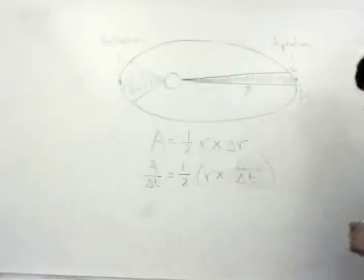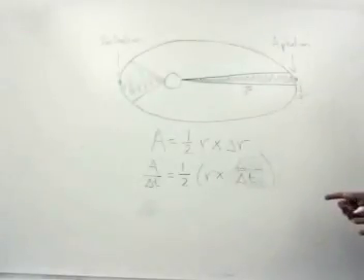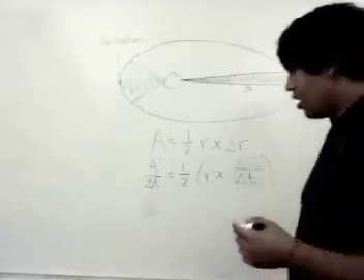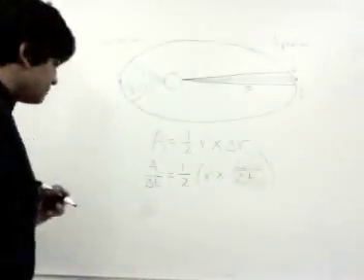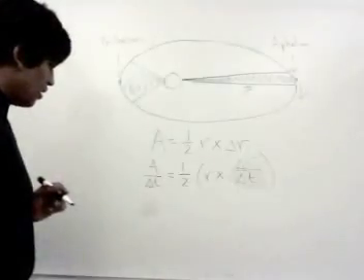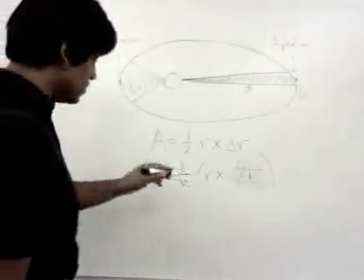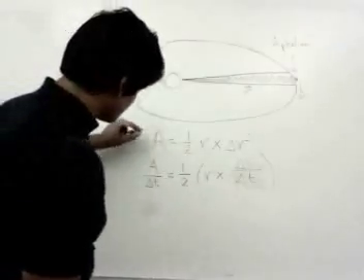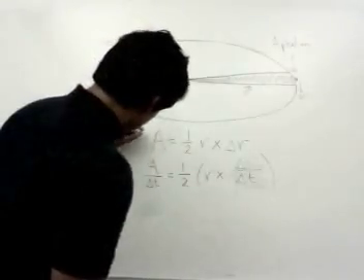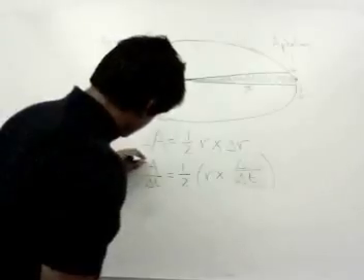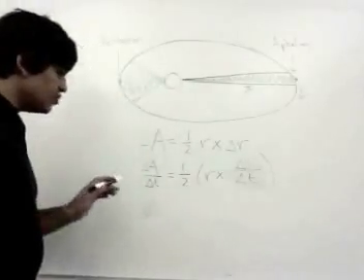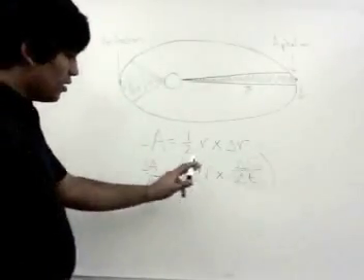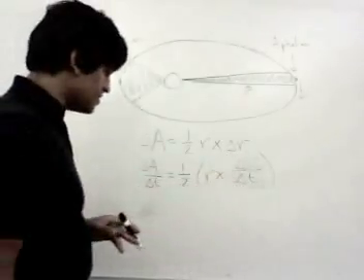Okay? So now, since we have delta t's in both of them, this is equal to the change in area. So this is actually delta A. Probably should have included that. So it's delta A over delta t equals 1/2 r crossed with delta r over delta t.